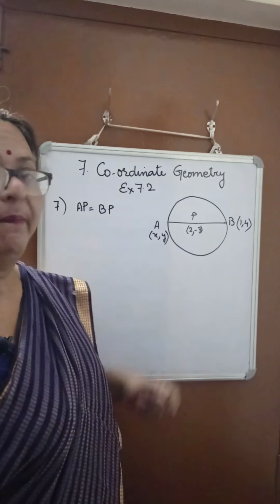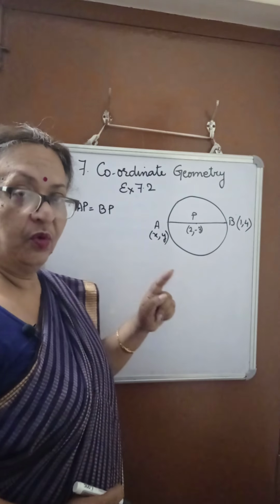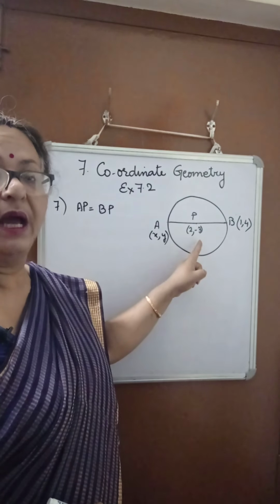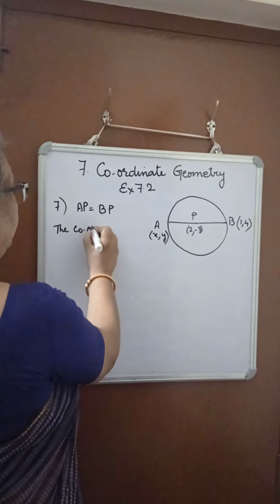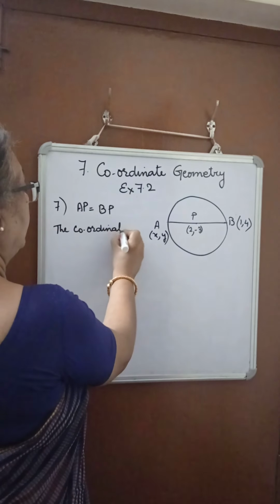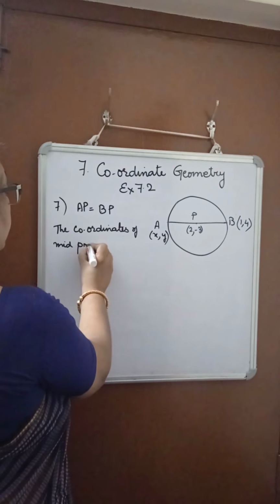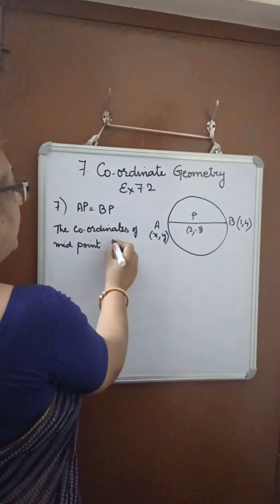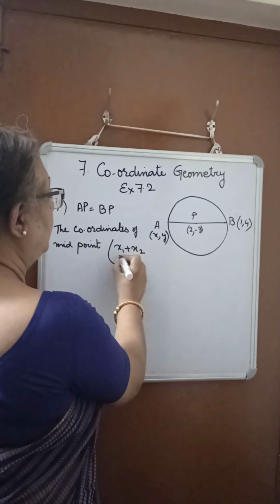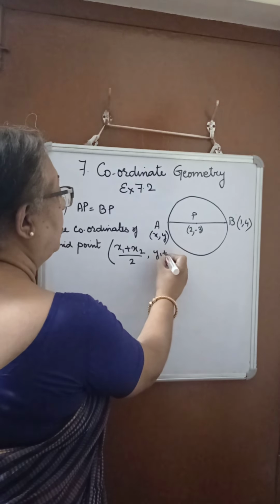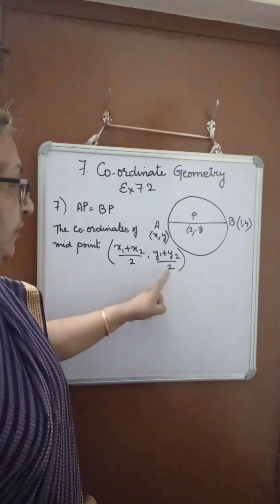Now we apply the section formula to find the coordinates of this one, A. Again, you know, the coordinates of the midpoint are given by (x1 + x2) by 2, (y1 + y2) by 2. So these are the coordinates of the midpoint.